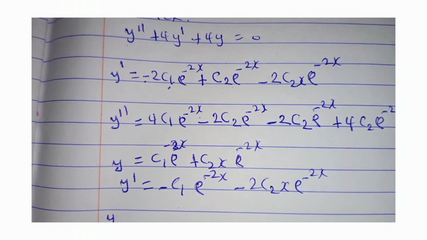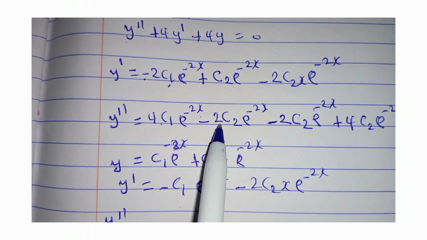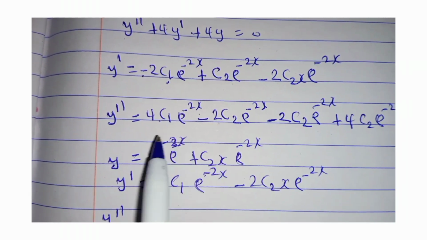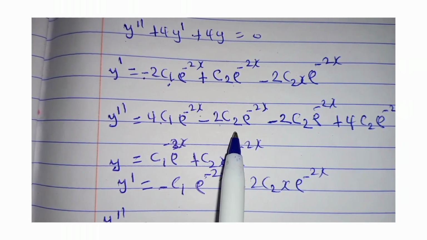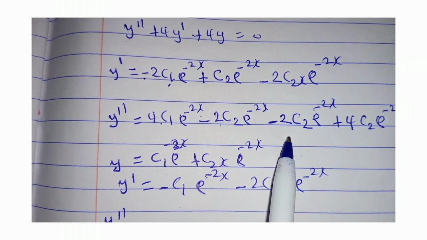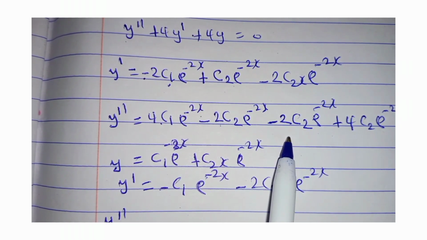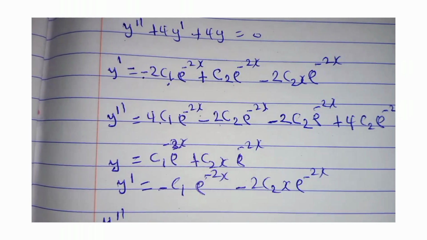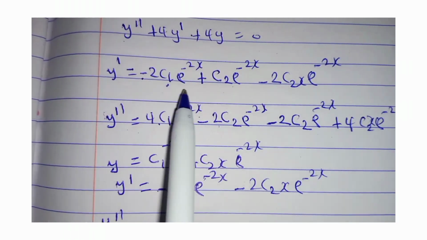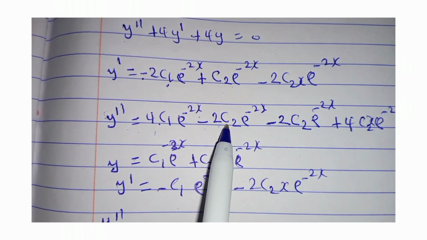Then y double prime is equal to, here you have 4c1 exponential negative 2x minus 2c2 exponential negative 2x, minus this other 2c2 exponential negative 2x, plus 4c2x exponential negative 2x. Let me check here. So this is 4, which is okay. Negative 2, which is okay also.